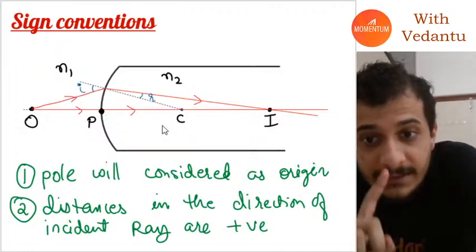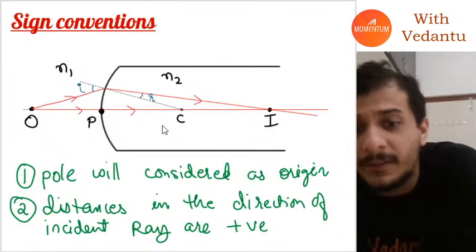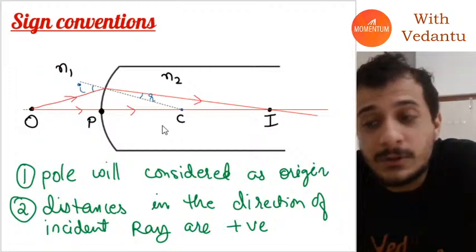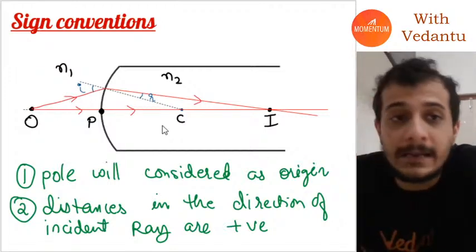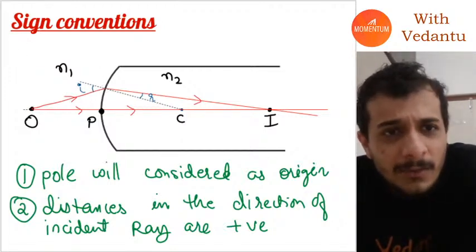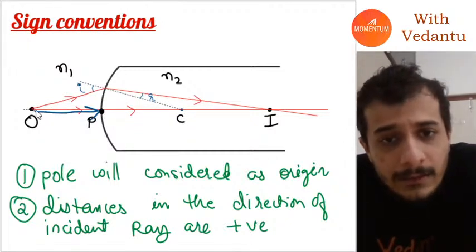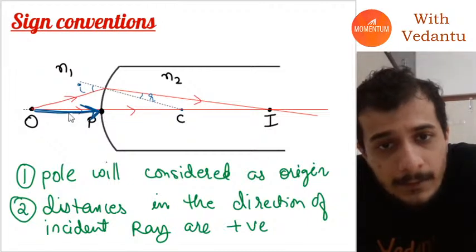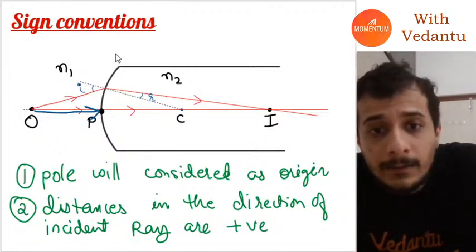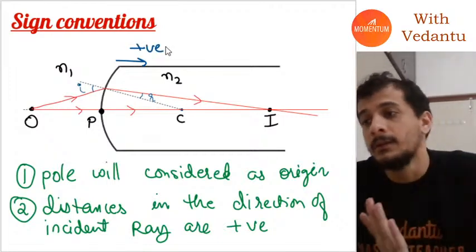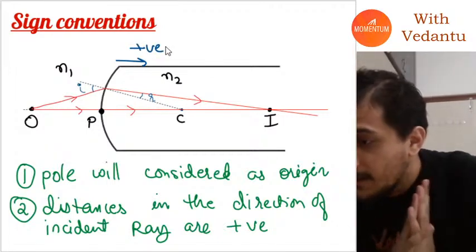Second, distances in the direction of the incident ray will be positive and distances opposite to the direction of the incident ray will be negative. Here the incident ray is going in this direction, so this direction should be considered as positive.